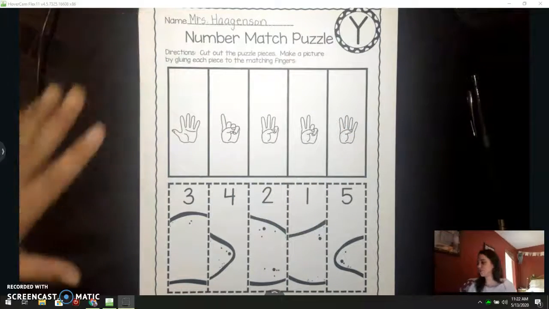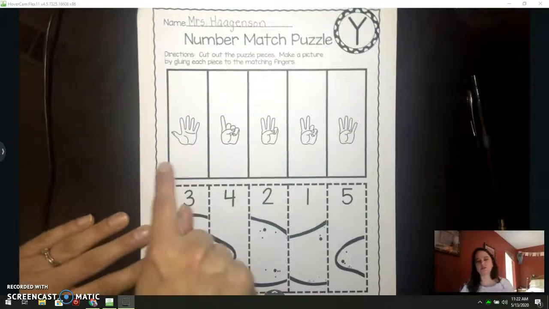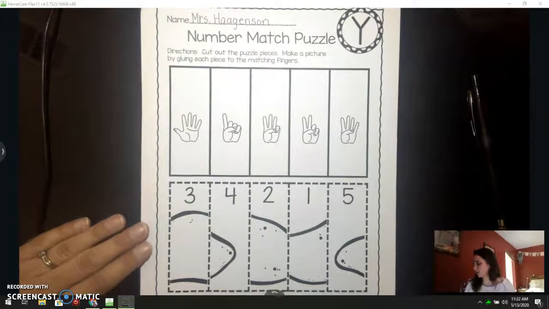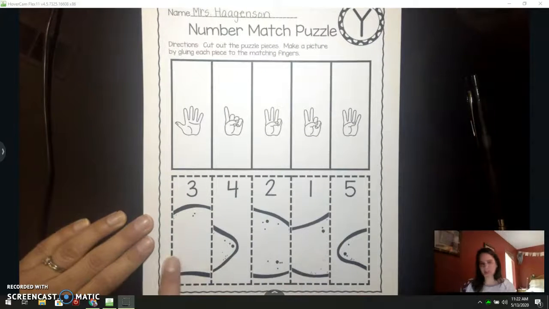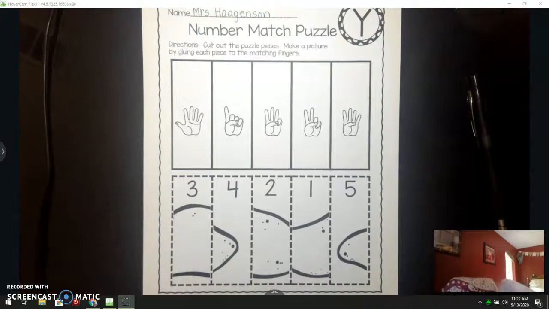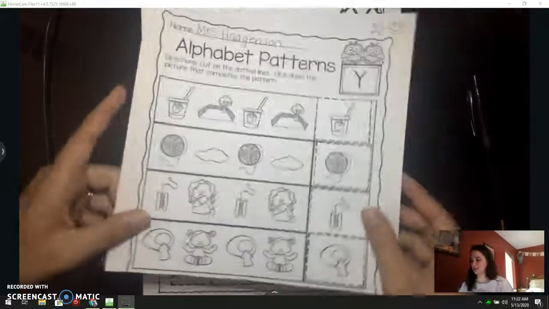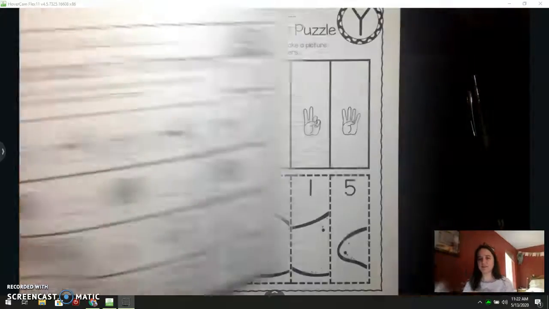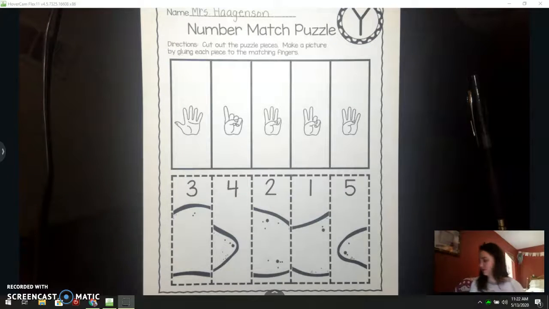We've done this before. Remember, I don't put them in 1, 2, 3, 4, 5 order. I have to match them number with the fingers. So I can take a guess by looking at this what it's going to be. Does it look like anything we saw on this page? I have my prediction, my guess in my head. Do you have your guess?